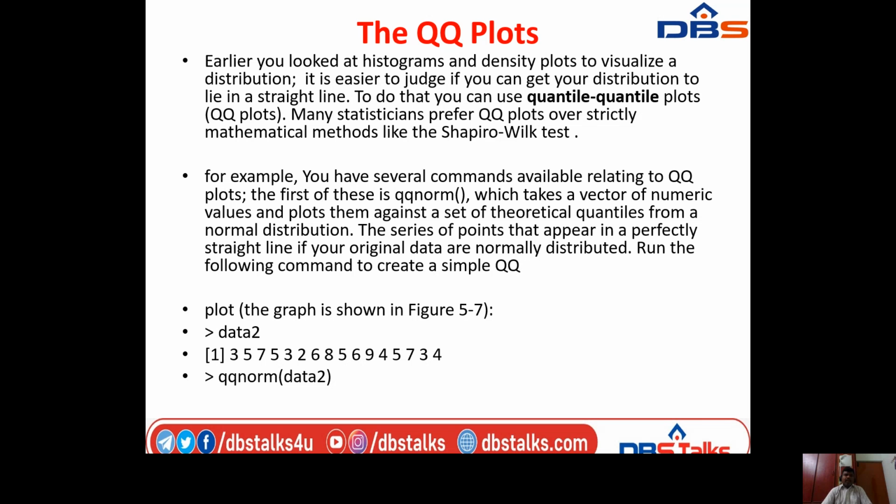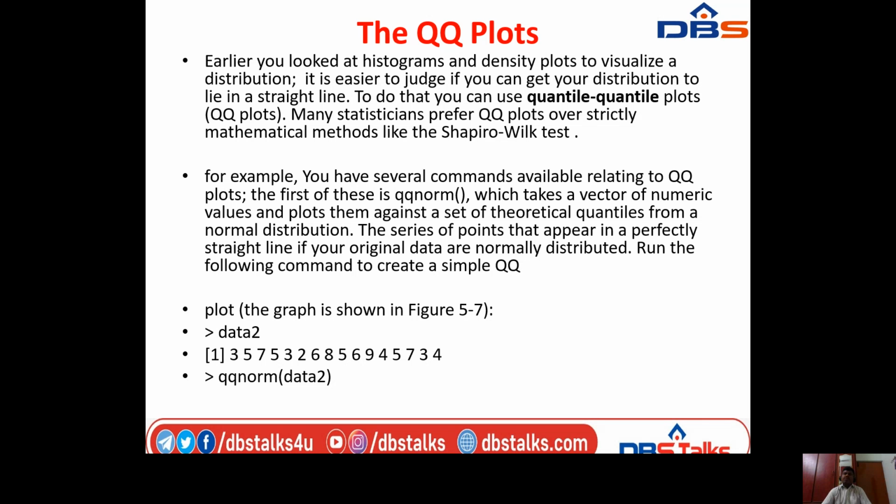Visualize the distribution. It is easier to judge if you can get your distribution to lie in a straight line. If you make the distribution a straight line, you can easily compare the two distributions, to see whether they are similar or in a different form. If you convert all the distributions into a straight line, we can check how it is deviating.